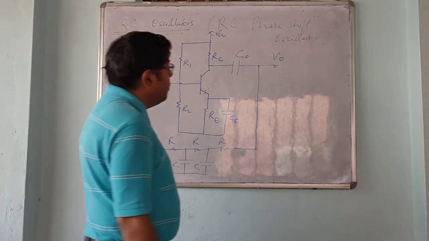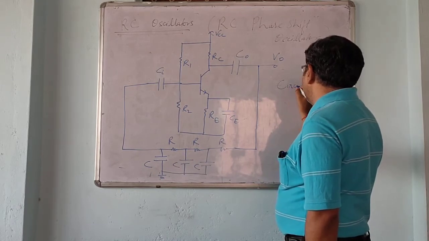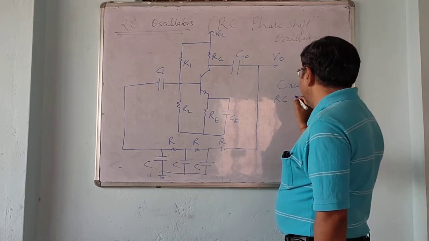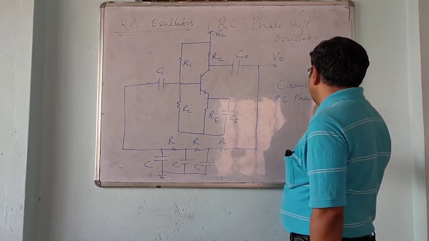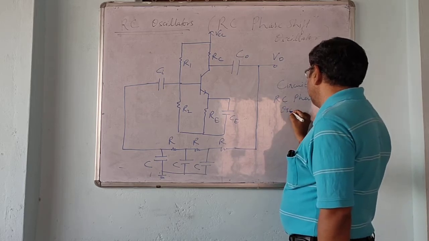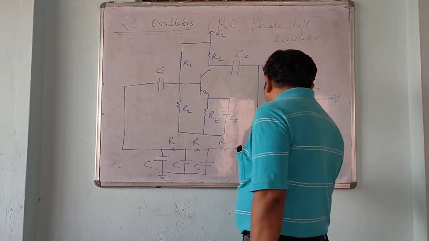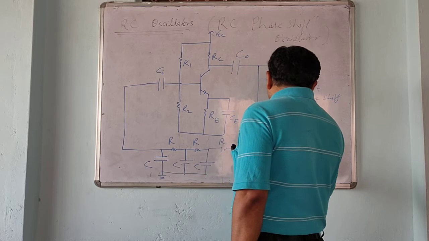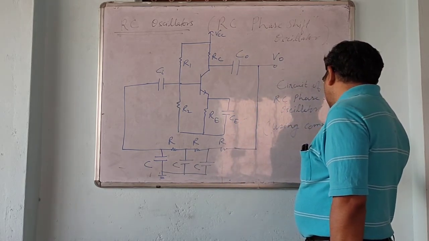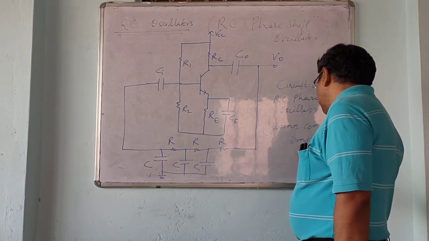So this is the circuit of the RC phase shift oscillator using a common emitter amplifier.